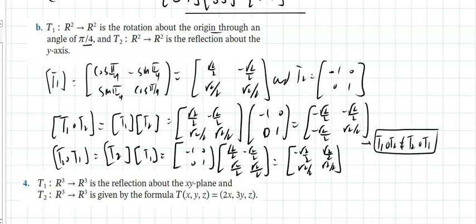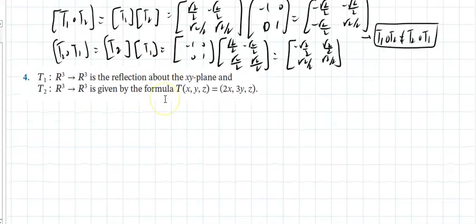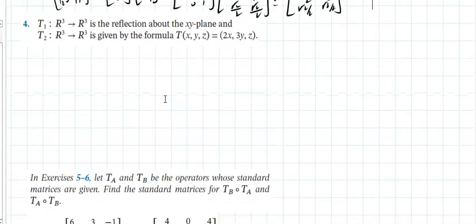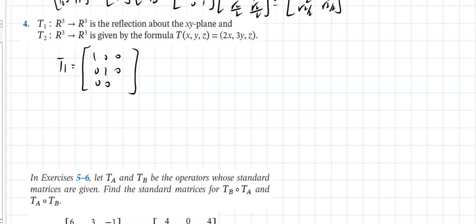Now again, after this chapter, we're just going to come back to those and use them, instead of just doing busy work. Well, let's see how this works. On number 4, let's say T sub 1 is a reflection on the xy plane, but that's for R3. xy, so you want z to be 0.